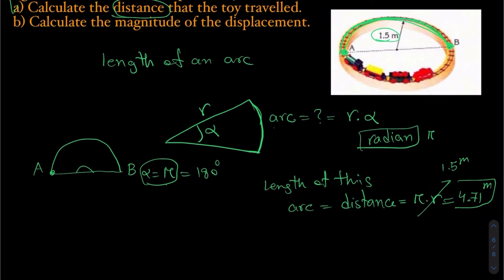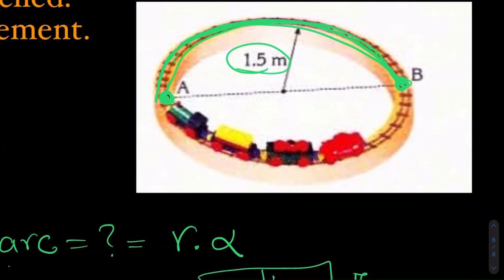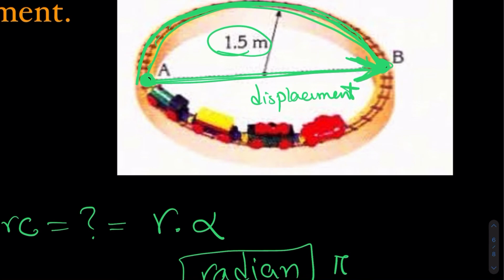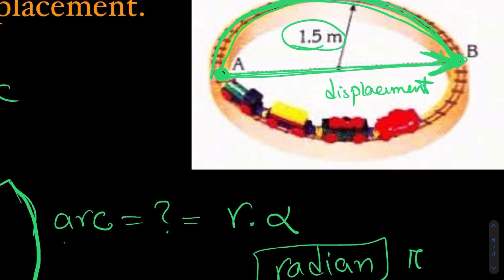Now let's move on to part B. Calculate the magnitude of the displacement. Of course, the displacement direction is also from the initial to the final, so because it moves this way, this vector is the displacement. This is the displacement that this toy has made. And in order to calculate the magnitude of displacement, we can simply say it's the diameter of this circle.